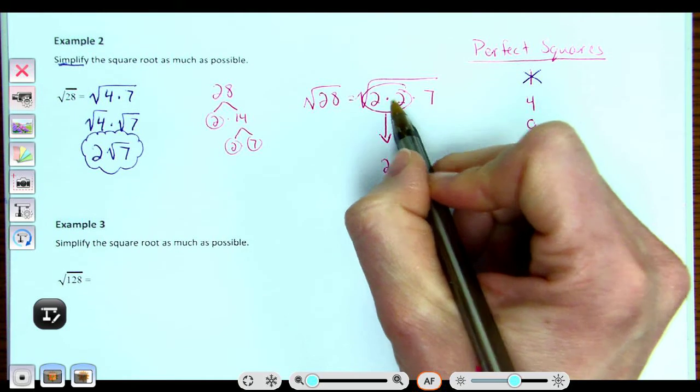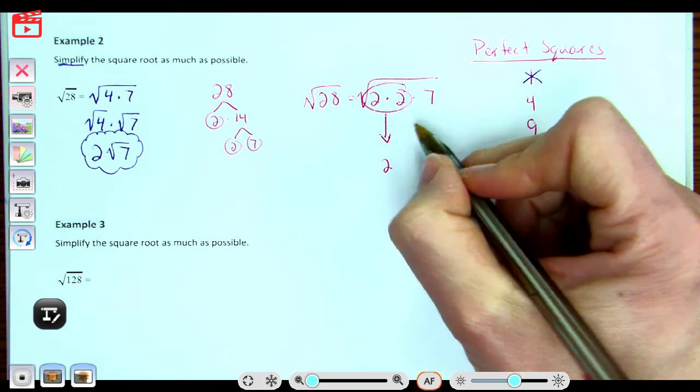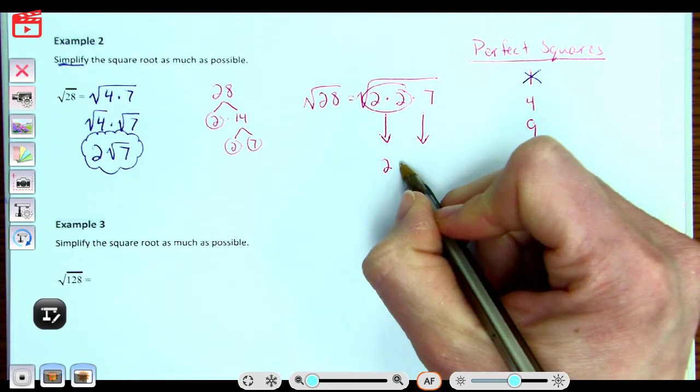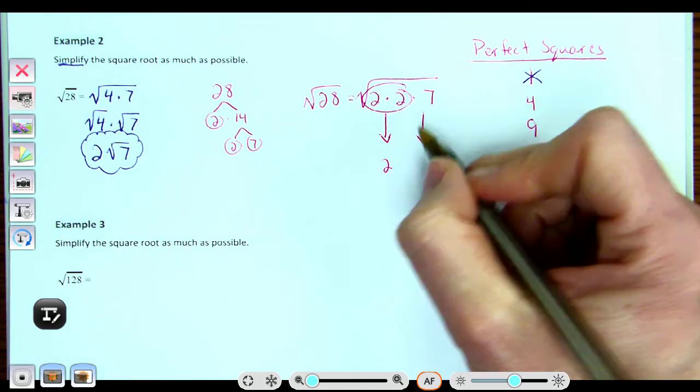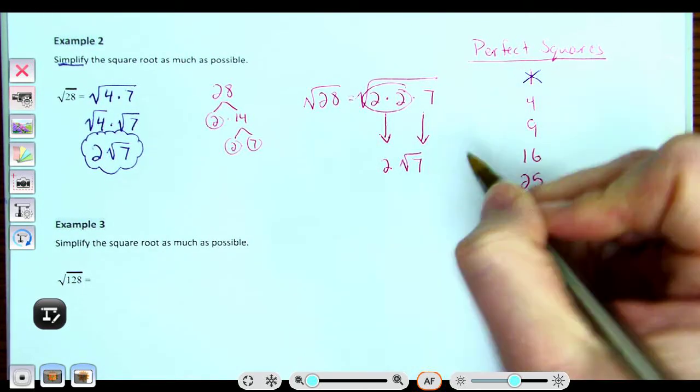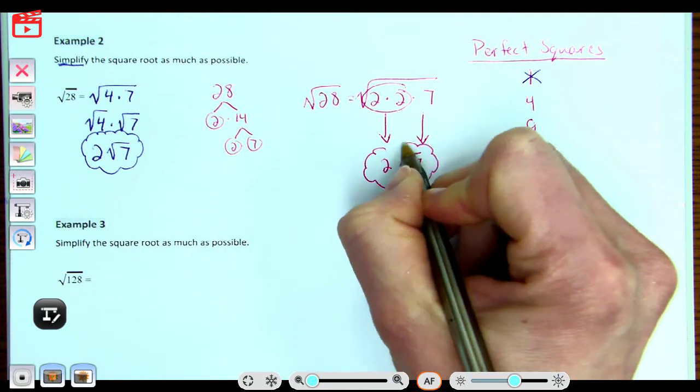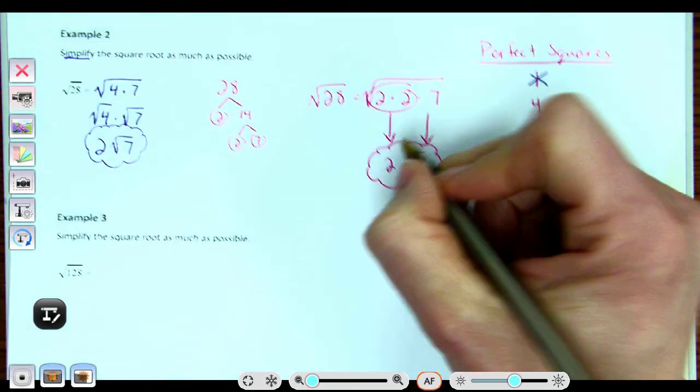So if I'm taking the square root of 4, it's just going to be 2. And then you can bring anything that doesn't get circled, I always circle pairs, and that stays in the radical. And you'll notice that's just another way of getting there.